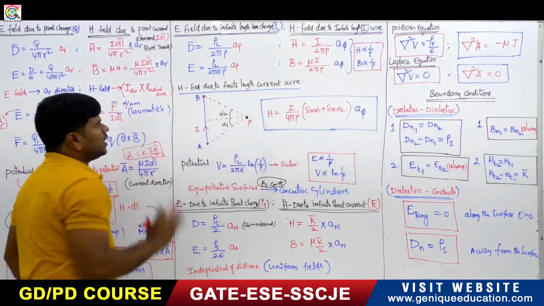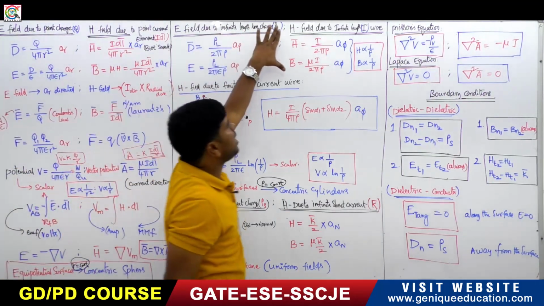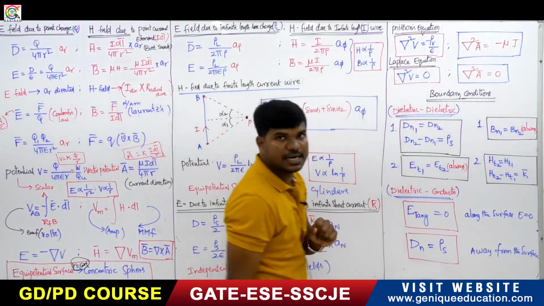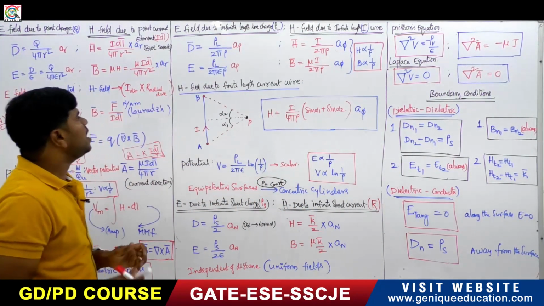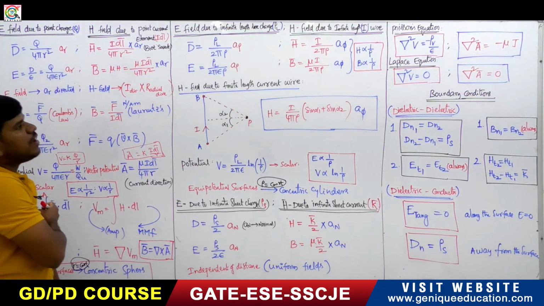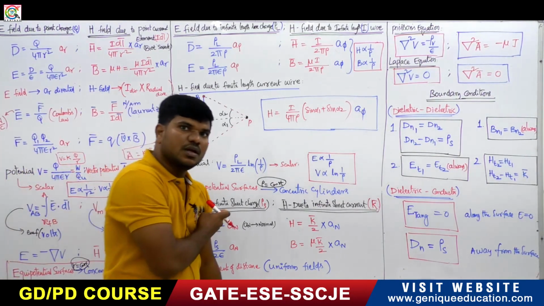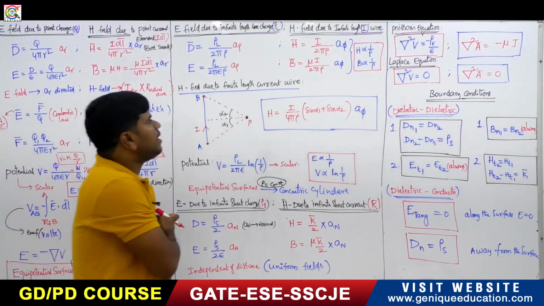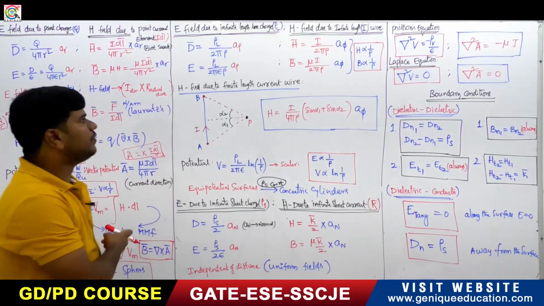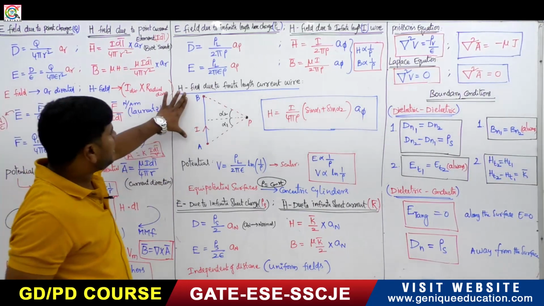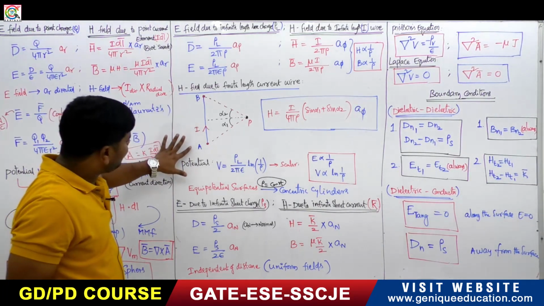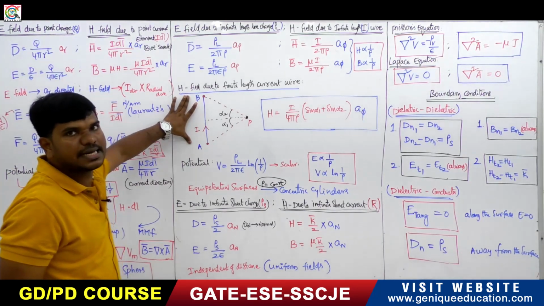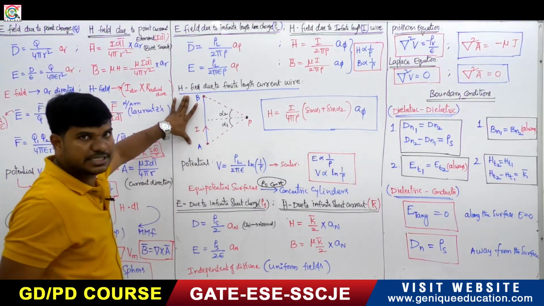After completion of this, now I have defined the magnetic field intensity due to the infinite length current carrying wire. Now if you come to the magnetic field due to the finite length current carrying wire, suppose I assume a finite length current carrying wire from A to B, then the analysis will change.